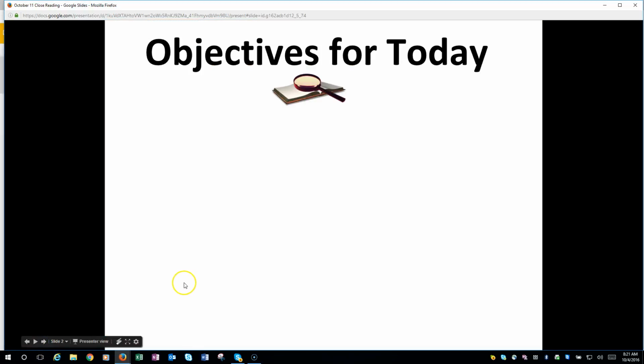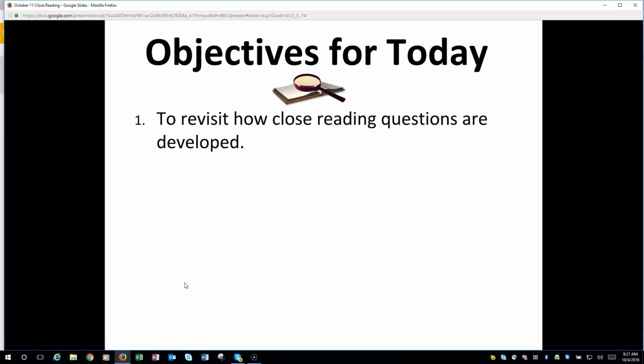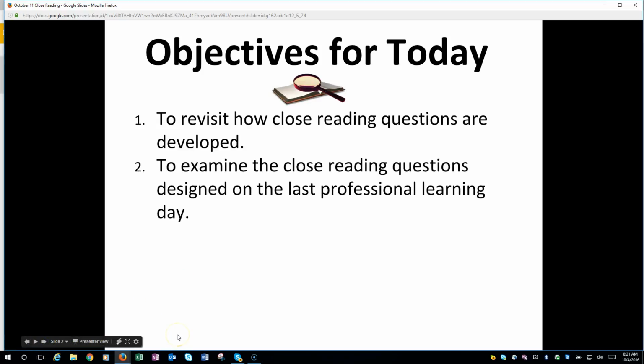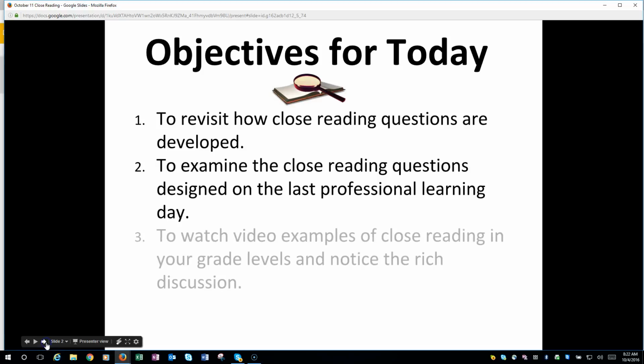So our objectives for today are to revisit how close reading questions are developed, and to examine the close reading question design on the last professional learning day. Each group was asked to do group questions, and so we collected those. So you're going to have a plethora of questions to look at and to use.